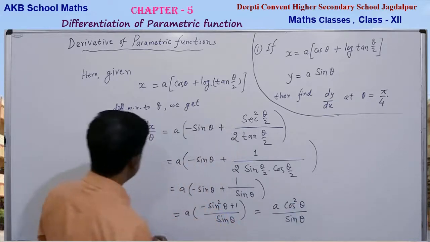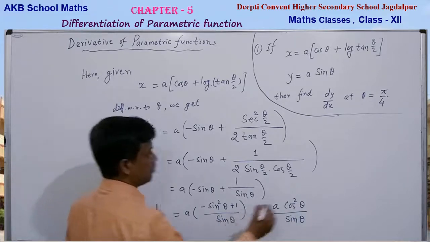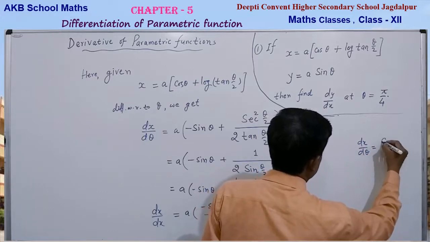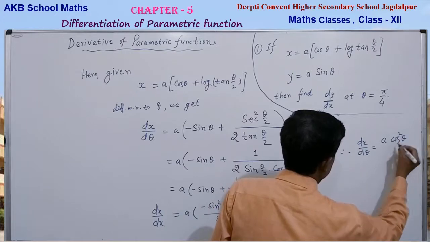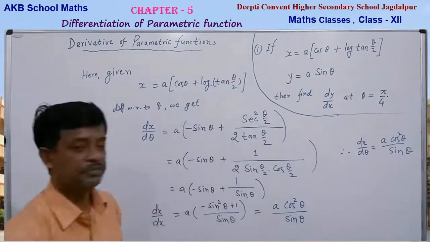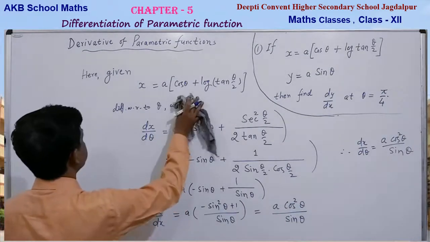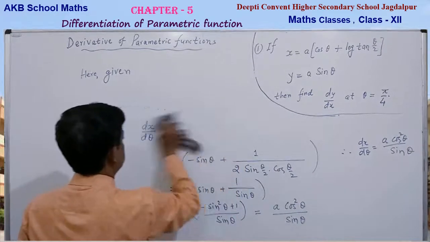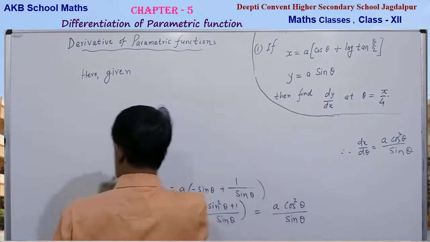Okay, so this is the value of dx by d theta: dx by d theta equals a cos square theta upon sin theta. Similarly we can get dy by d theta for y. Okay, so find dy by d theta.